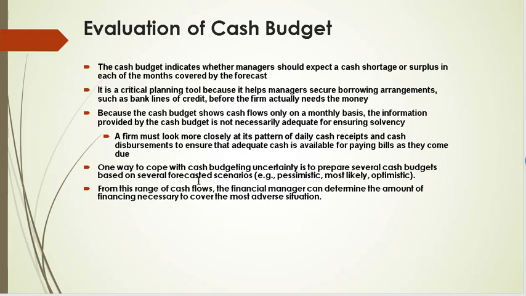One way to cope with this uncertainty is to create several different cash budgets: a pessimistic, a most likely, and an optimistic one. From that range, we get an idea of how much I need to finance in the worst case scenario, and in the best case scenario. From that, we might be able to develop longer strategies to make sure we get financing pieces in place.